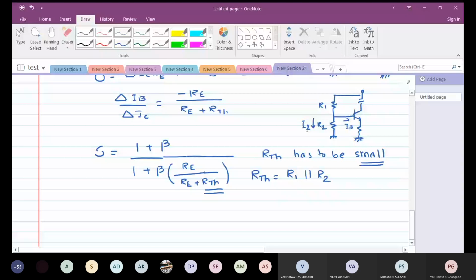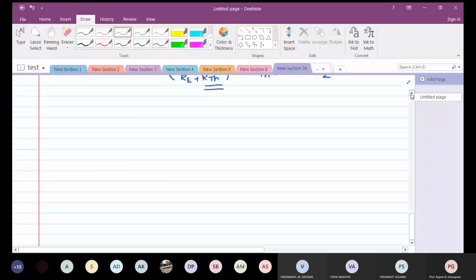Agreed? Resistance is small, so current will be more. So if I2 is more, naturally I'll be having I2 far greater than IB.